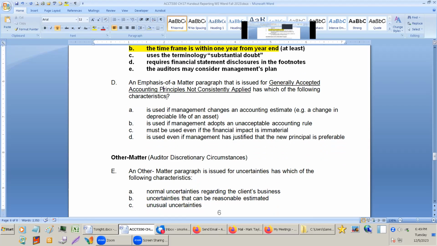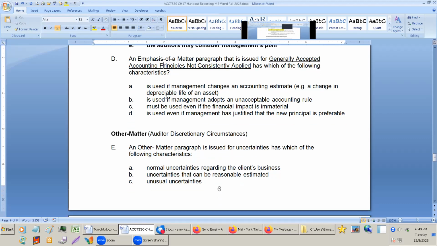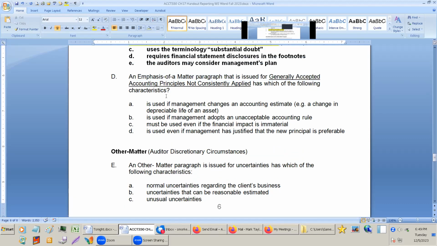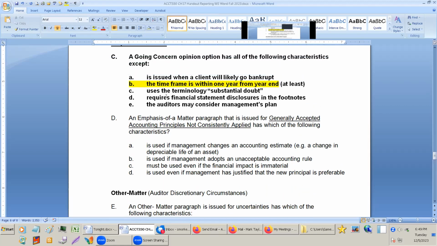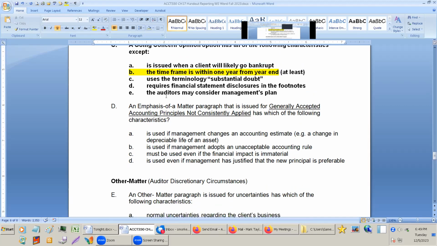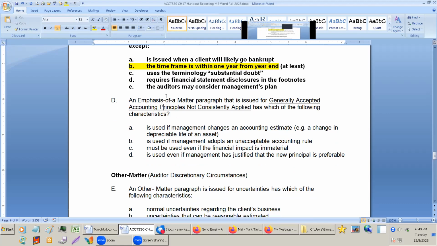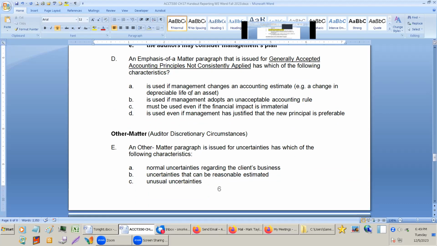Okay, emphasis of matter paragraph that's issued for generally accepted accounting principles not consistently applied has which of the following characteristics? A? Actually, A is a, I didn't tell you guys this, but changes in accounting estimates do not count as a change in accounting principle.